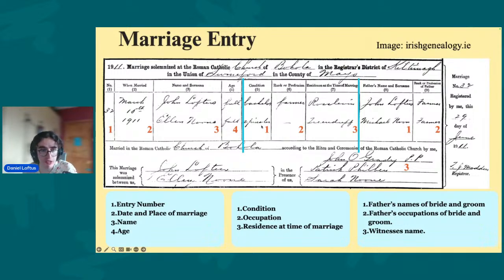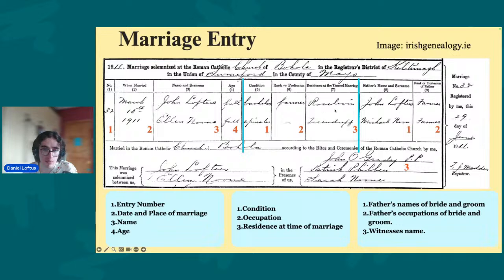And then it gives their condition: bachelor and spinster. However, in John's case, this is actually his second marriage, as I later found out. So the bachelor in this case is not necessarily correct, but I'd argue that 9 times out of 10, it is quite precise. John's occupation was given as a farmer, whereas Ellen wasn't recorded with one.